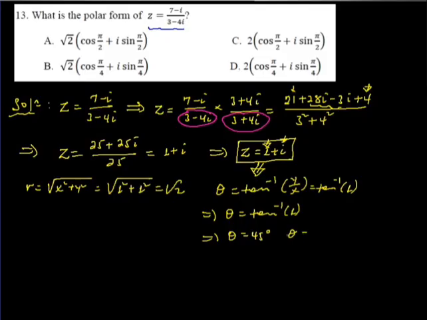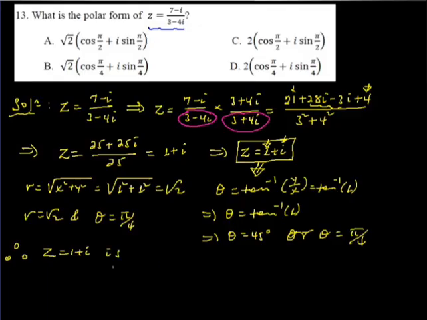Theta is 45 degrees, or pi over 4. We have theta and r. R is radical 2 and theta is pi over 4. Therefore, the polar form of the given complex number Z, 1 plus i, is Z equals radical 2 into cosine of pi over 4 plus i times sine of pi over 4.